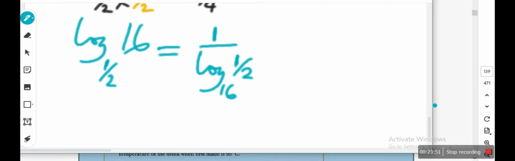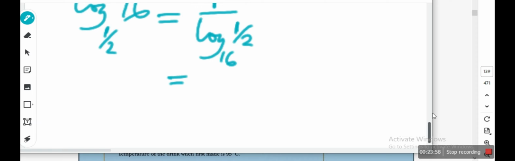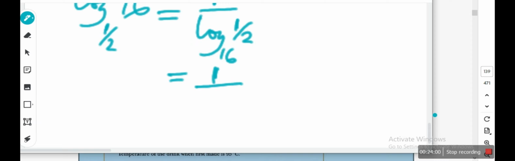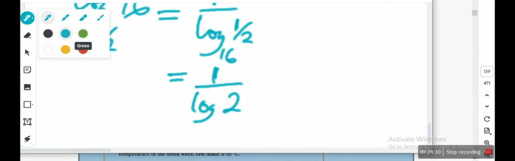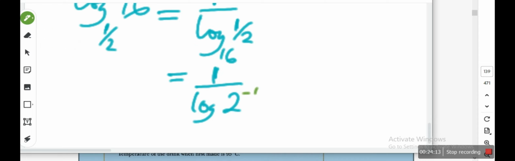Good. And half gives what? That's 1 over log 2 raised to the power minus 1 in base 16.